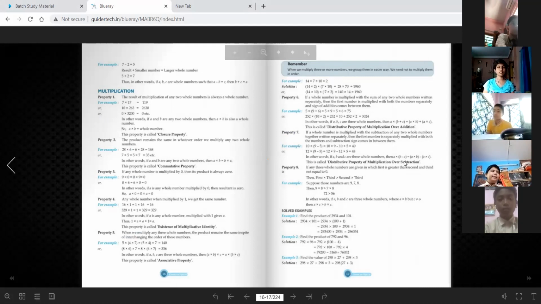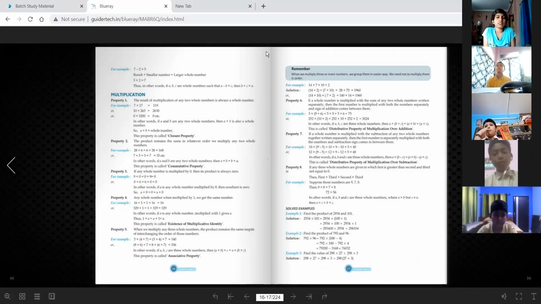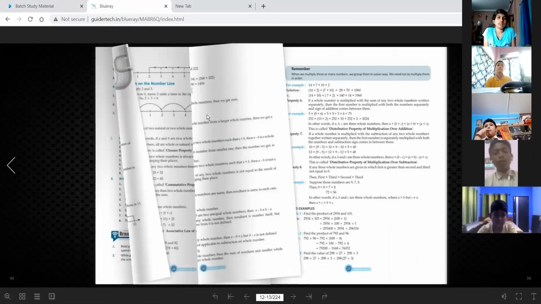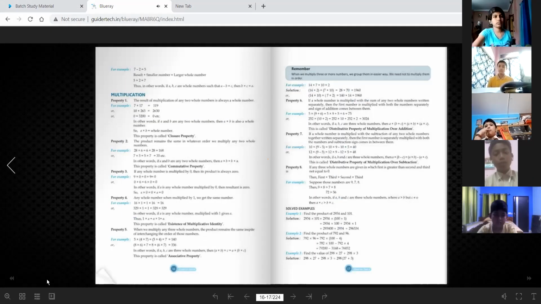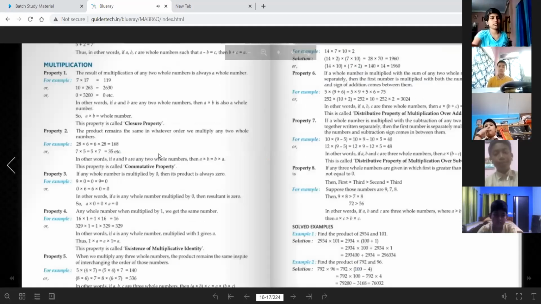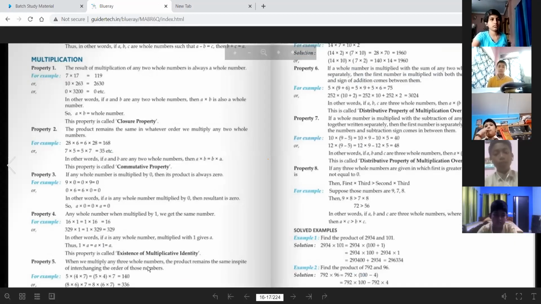Next, come to closure property of multiplication. The closure property is also holding for multiplication, right? The answer is always coming as a whole number.